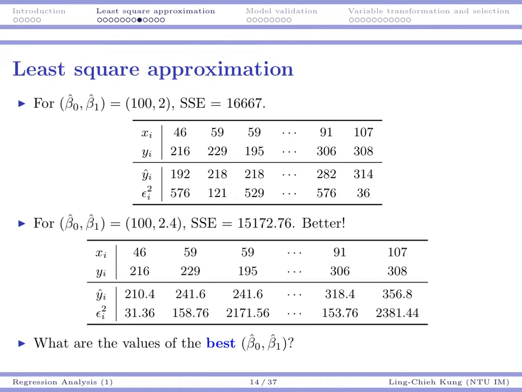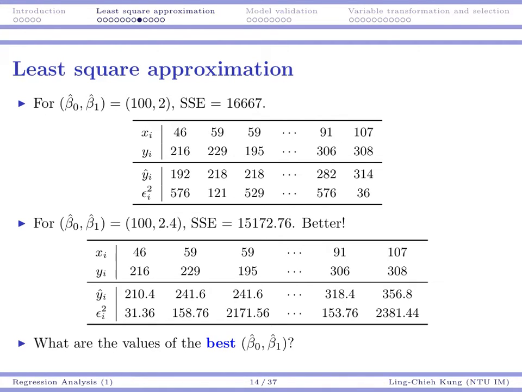If we sum them up, the sum of squared errors becomes smaller than this. So according to that definition, this particular set of estimates is a better estimate because the sum of squared errors is smaller. So we want to search among all possible combinations so that we can minimize this sum of squared errors.